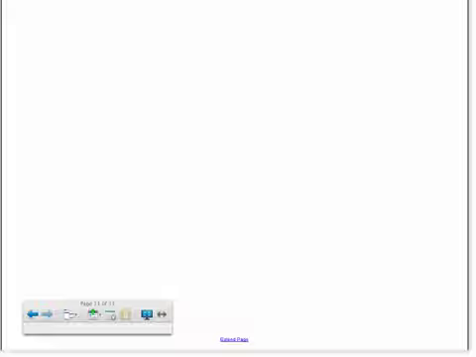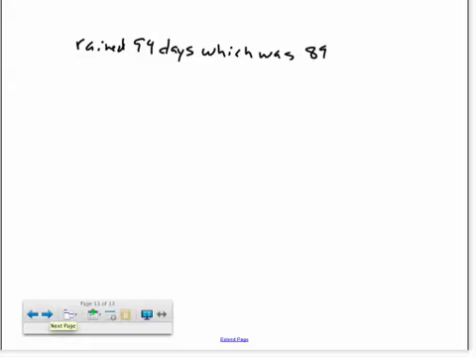They reported that it rained 94 days, which was about 89% of their days in Oregon.